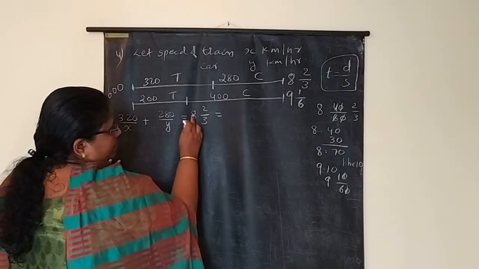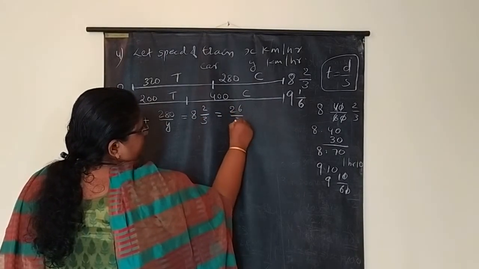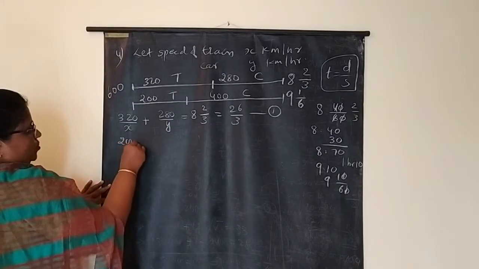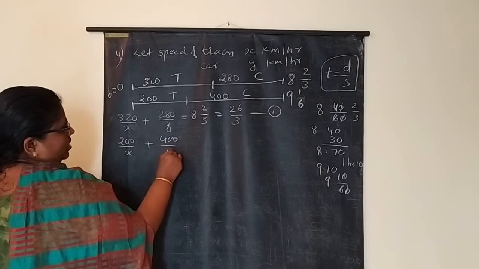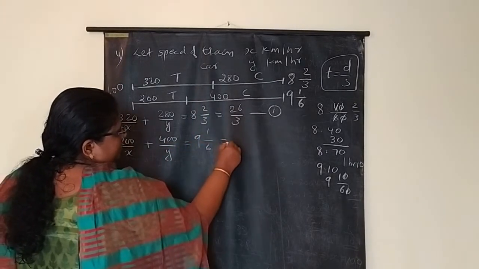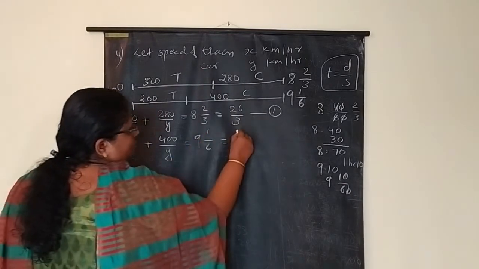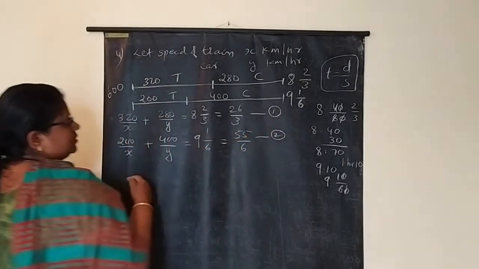Convert into improper. 8 3s are 24 plus 2, 26 by 3. It is our equation 1. Next, 200 by x plus 400 by y is equal to 9 and 1 by 6, that is 9 6s are 54 plus 1, 55 by 6. It is equation 2.